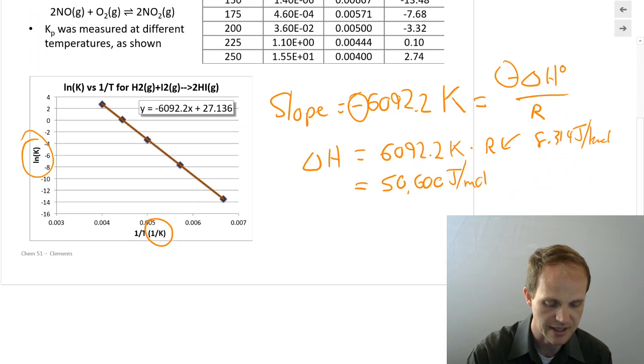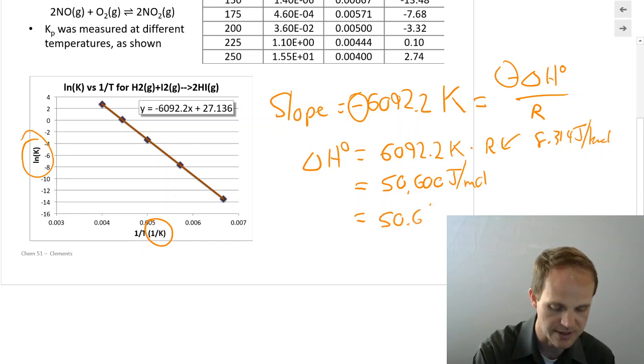I multiply that out and get 50,600 joules per mole. Delta H's are usually reported in kilojoules, so it's 50.6 kilojoules per mole.